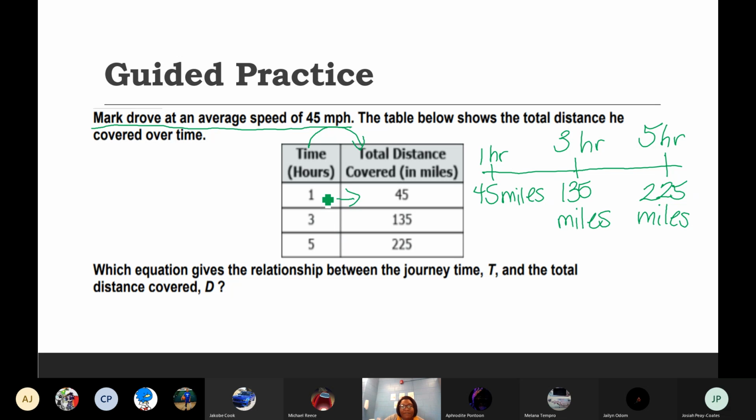So let's see if this is it. Could I just multiply 1 times 45 and get 45? That works here. Would it work here? Use your calculators. In other words, is 3 times 45 135?